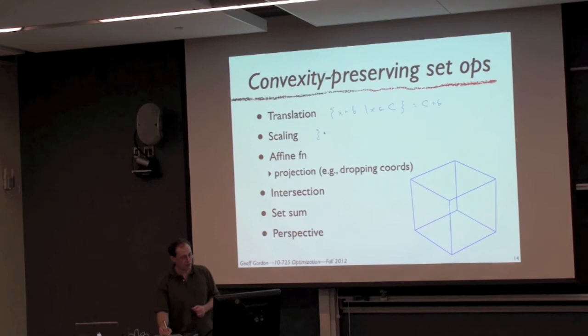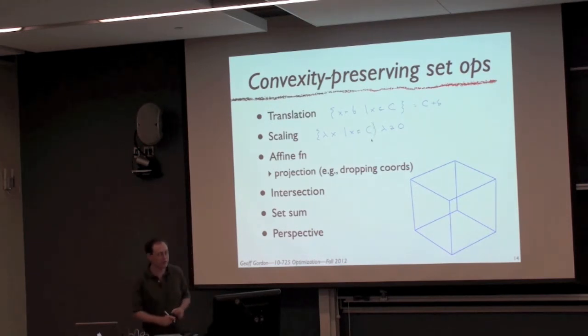So we have lambda x for x in C and lambda greater than or equal to 0. We're fixing lambda greater than or equal to 0, and then we're multiplying every point in C by lambda, and so we're calling that lambda times C. That's going to wind up being convex.